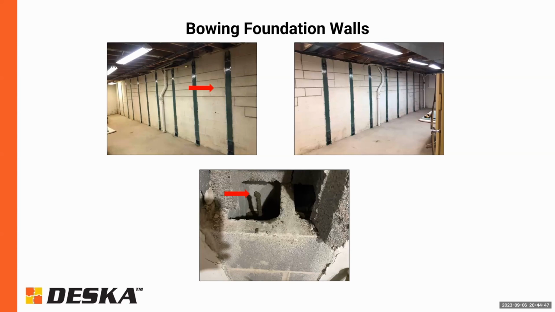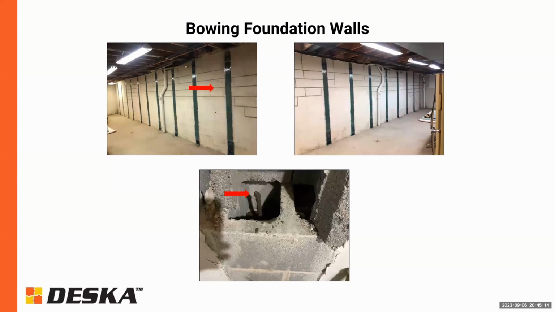And the top and bottom anchors also need to be installed. A lot of companies for years installed these straps without the top and bottom anchors, and those are a lot of the ones that we see failing. These are Fortress Stabilization Systems carbon fiber straps here, and they're required to have the top and bottom anchors.